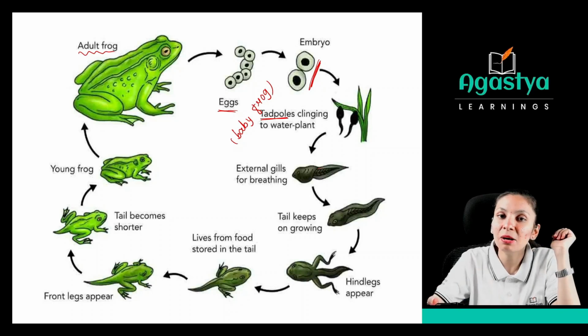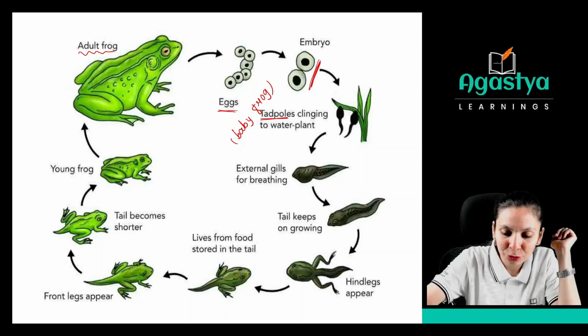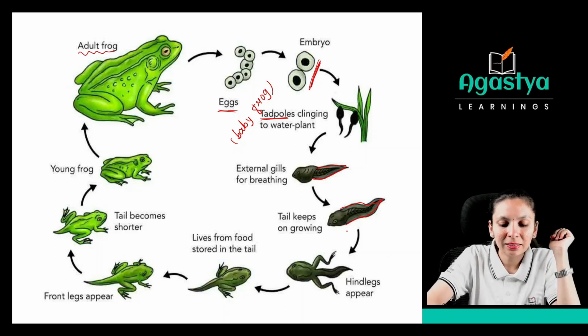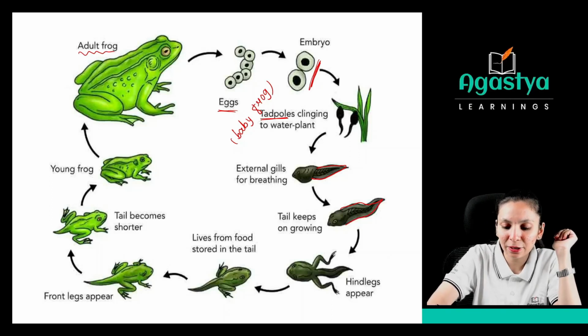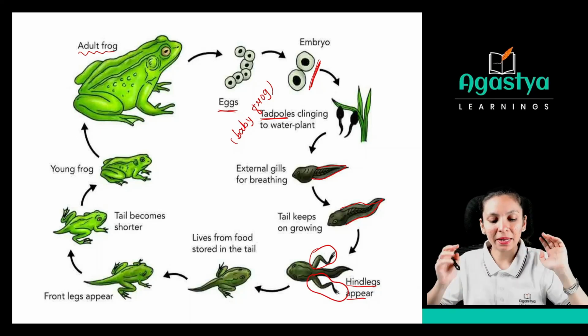External gills are getting developed. Then the tail keeps growing. As you can see, the tail was first this much in size, but as time passes, the tail is continuously growing. After some time, hind legs appear. Can you see this? These legs have appeared. That is the back one.